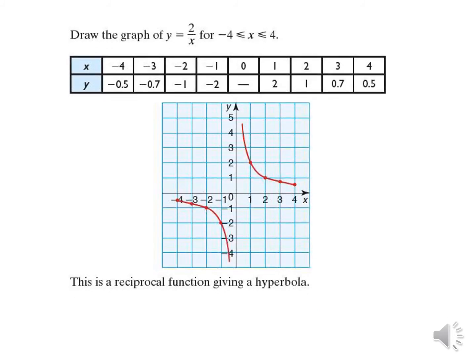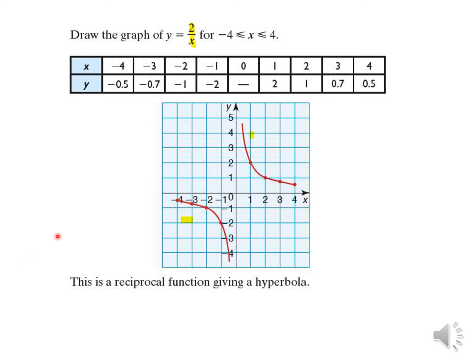I brought a quick graph for you to see. Remember what I said: when the value of a is positive, we expect the answers to be in the first quadrant as well as the third quadrant. If you're given a table of values, the only thing you need to do is complete the values.